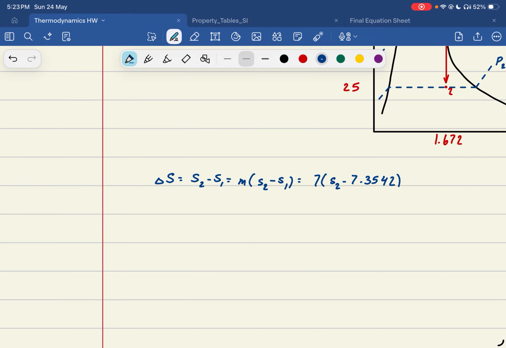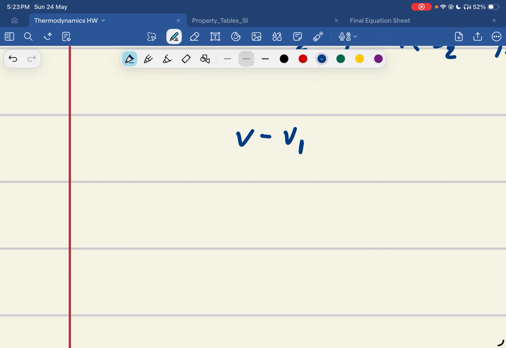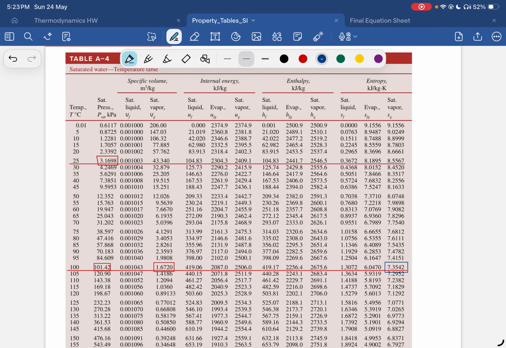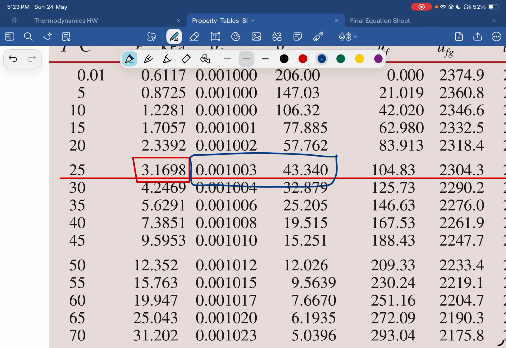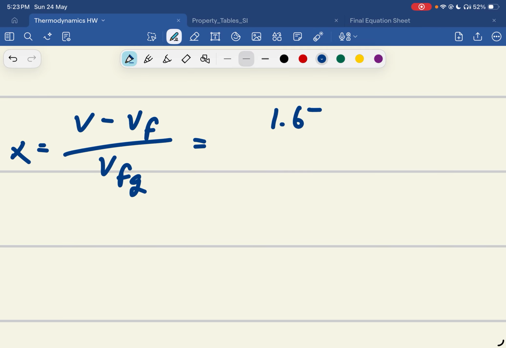And to find S2, we can just find the quality because we have the volume. So we say the volume minus volume of liquid over the change in volume equals our quality. And we should get that from the tables. So we have these, and plugging that in, our quality should be, let me write the values.